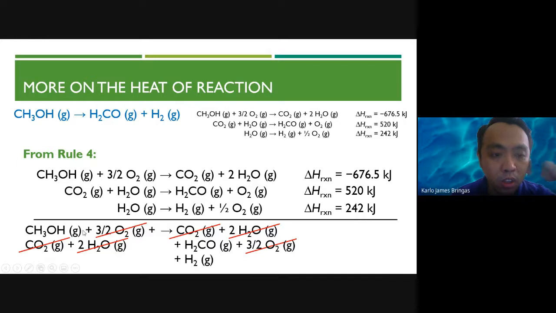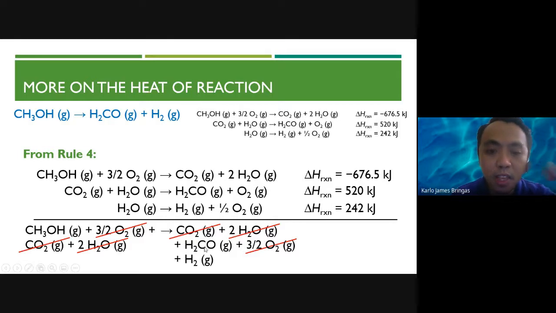So kung titingnan mo ano nilang natira, it actually gives us the target equation that we have. Meron na lamang tayong CH3OH gas on the reactant side. And for the product side, we have H2CO gas and hydrogen gas as well.